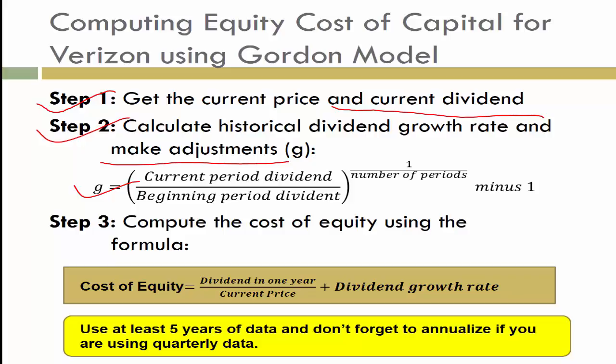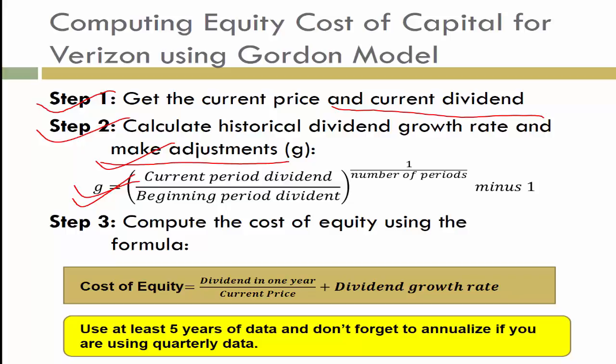So it is all about the future. That's why whatever you might see in the past might not be in the future. Even if you calculate the historical growth rate of dividend, you have to make some adjustment based on the future prospects of the economy and the company itself.